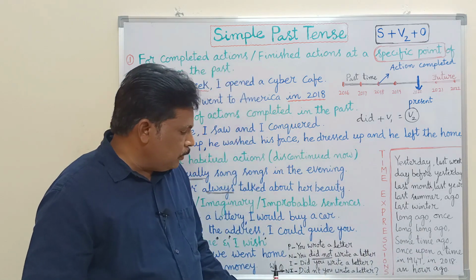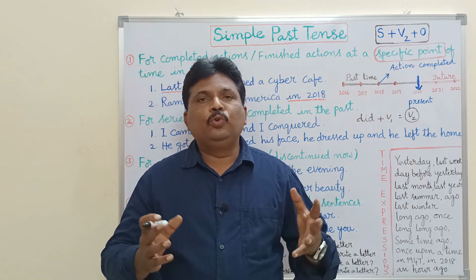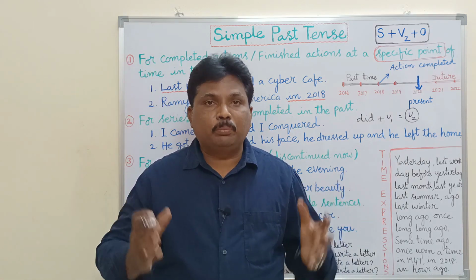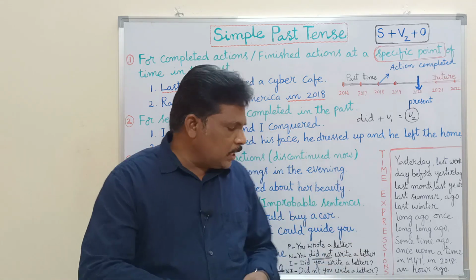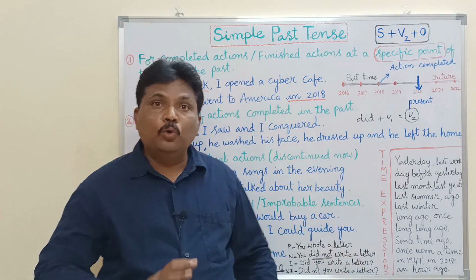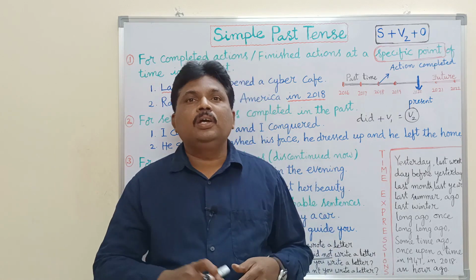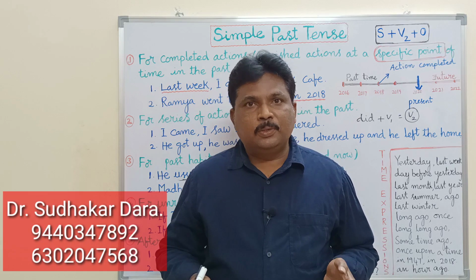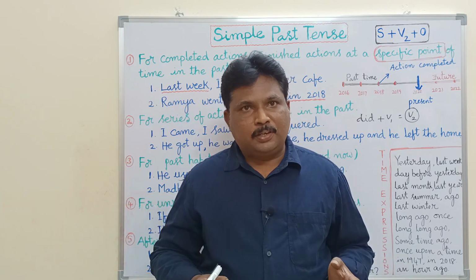If you add WH question words before the interrogative sentence, we can ask questions in such a way. So these are the ways to form negative, interrogative, and negative interrogative sentences. Okay, this is all about simple past tense.